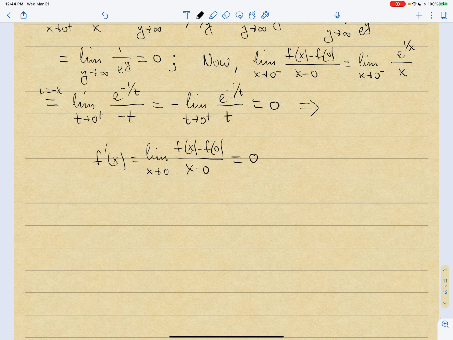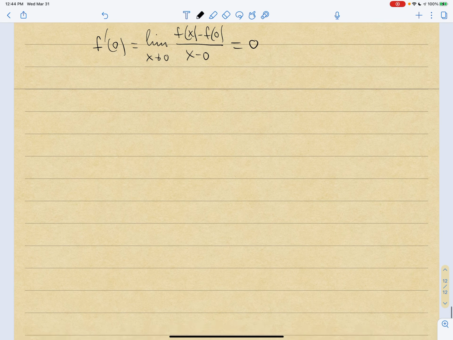Okay? All right, so that means that our function is differentiable at 0, and the derivative of f at 0 is equal to 0.